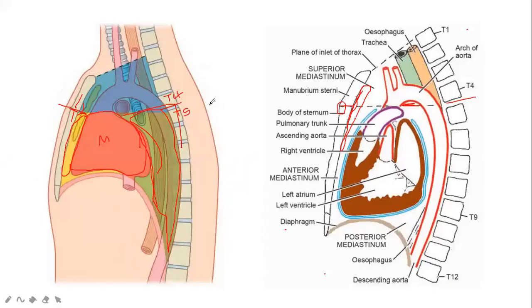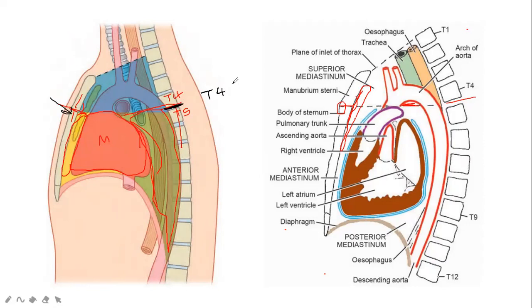Remember, I said the superior and inferior mediastinum are divided by a line drawn from the manubriosternal joint, horizontally to the intervertebral disc between T4 and T5. Please, it's not T3 and T4, which is a common confusion. It's T4 and T5.